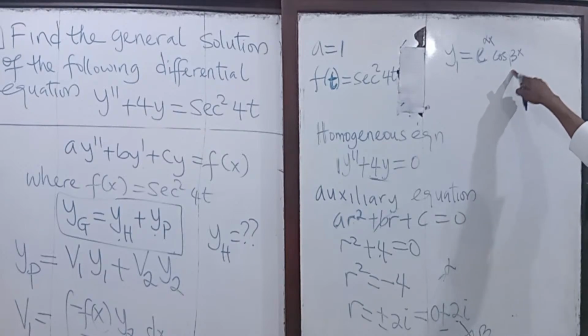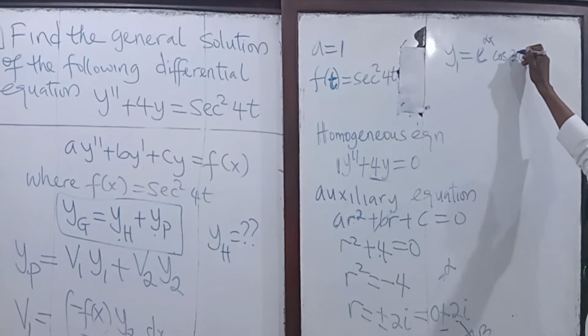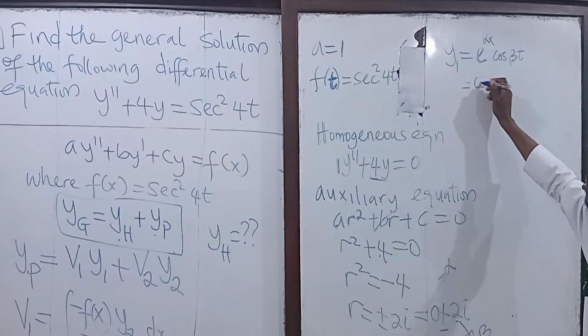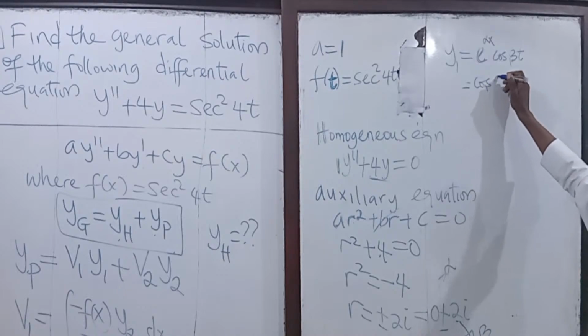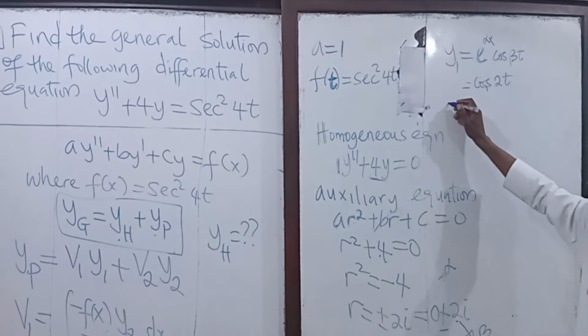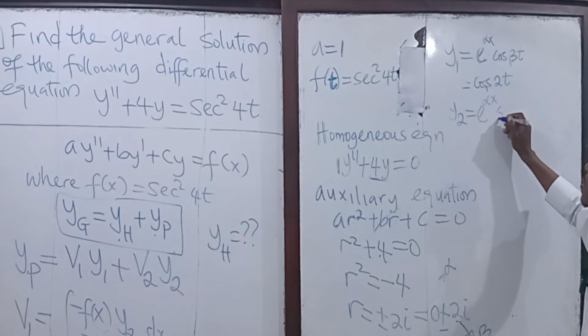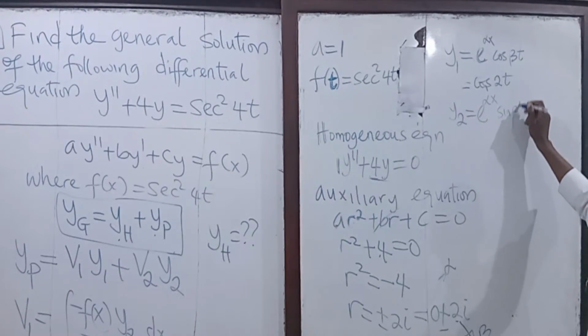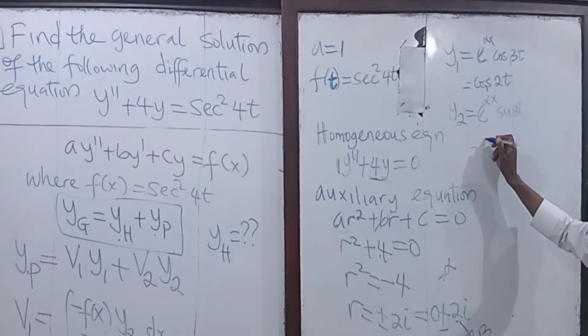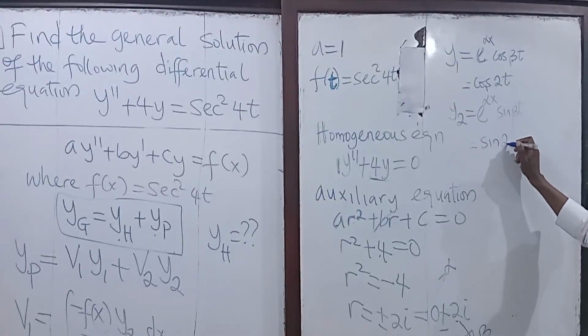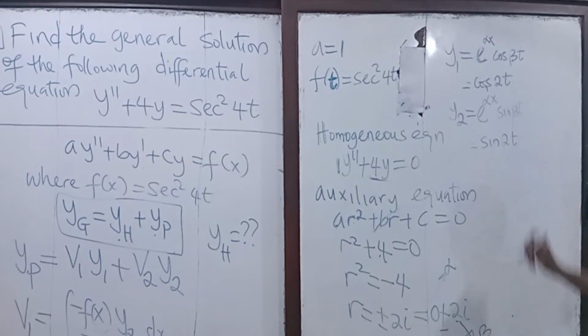Don't forget it's a function of t, so that will be beta t. So y1 is cos 2t. Then you can get y2, which is sine beta t, so it's sine 2t.